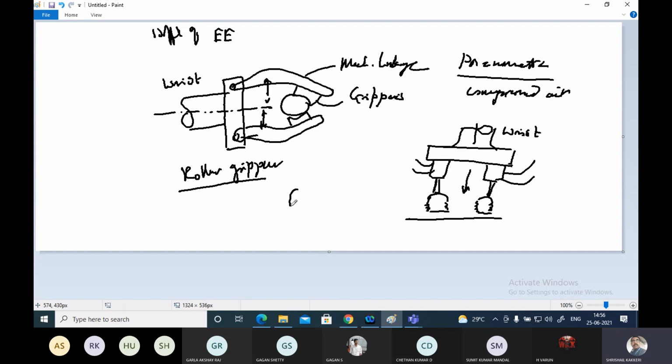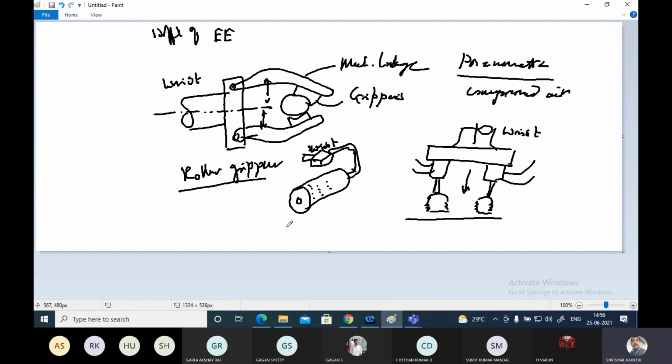Just like a roller will be there, and from this roller, it will be attached to the end of the robot end effector. This is the wrist of the robot, and this is a sponge.